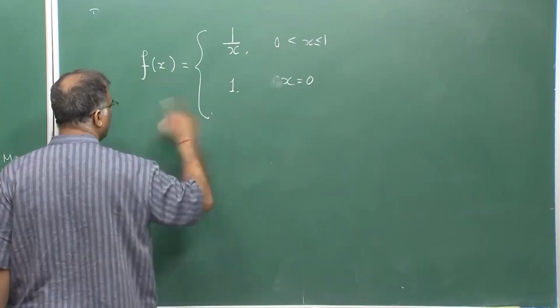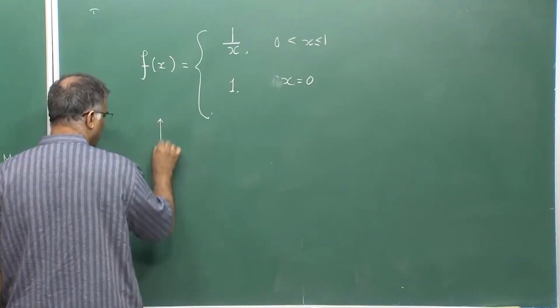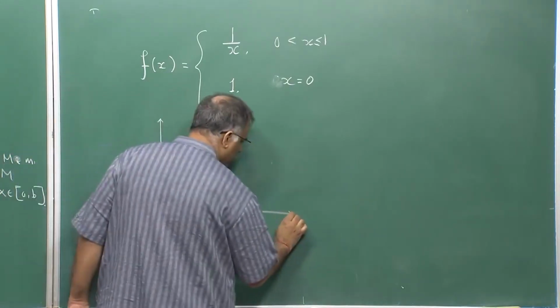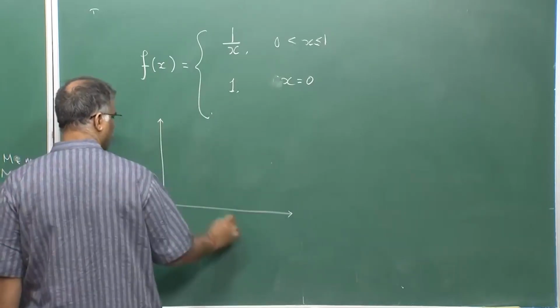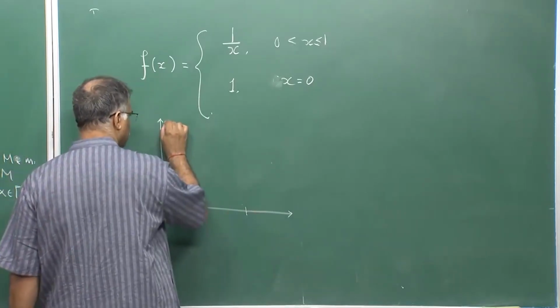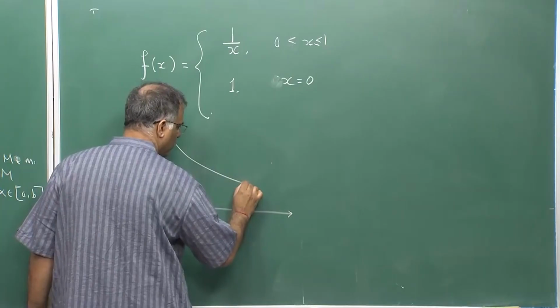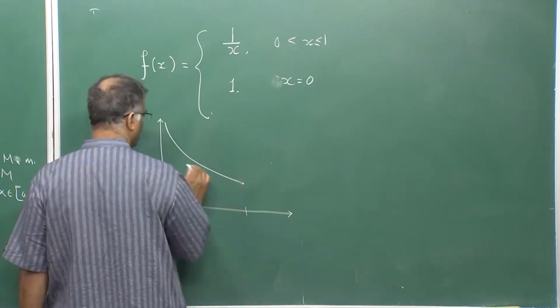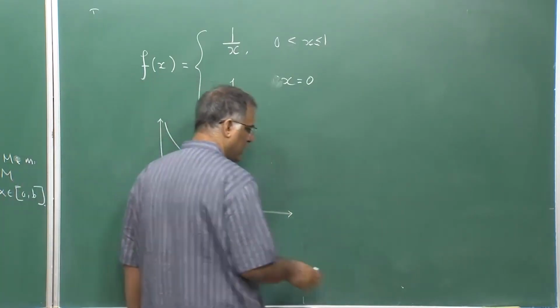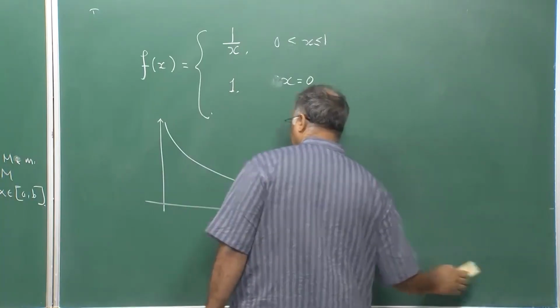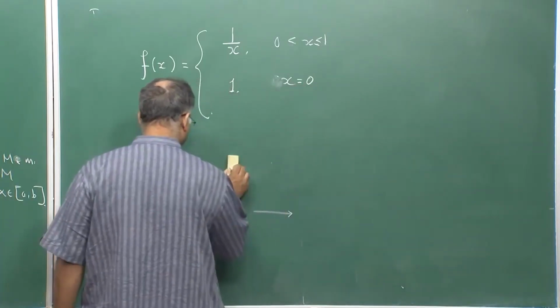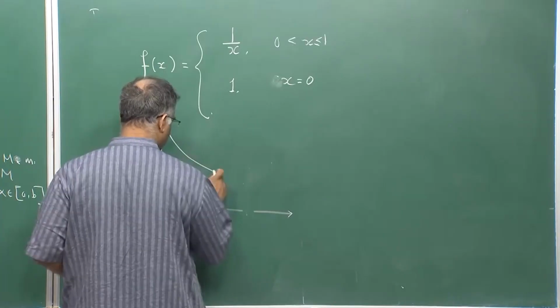For example, let us look at this function. As you can immediately draw the graph in your mind's eye, this is 1. So, this point is (1, 1). Maybe I should draw it. The scale is very bad. Maybe I should have 1 here.